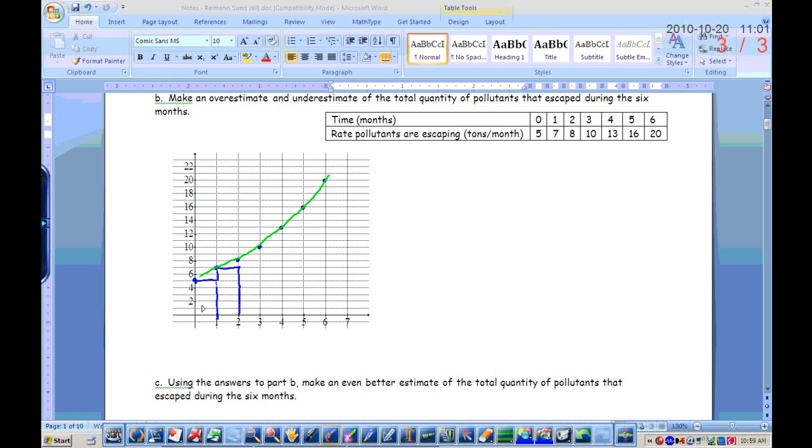Really, the way that we're getting 5 and 7 is we're multiplying the length of 1 month, so 1, times the smallest amount, or the amount that's escaping at the beginning of that month. What would an underestimate for the third month be? 8. Okay, so what I'm doing is drawing rectangles here. You can either use your pencil or one of the colors right here.